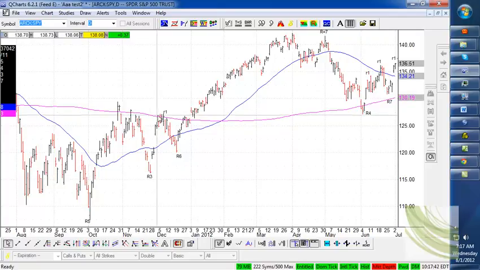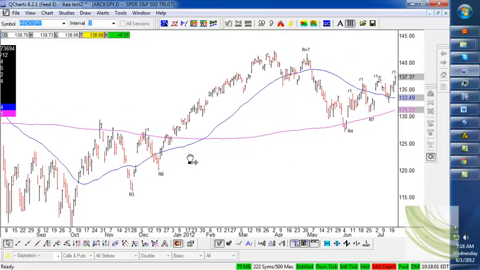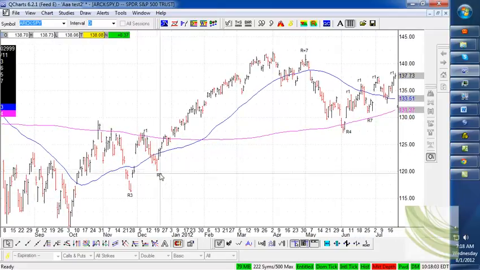And so once again, prices come up to that 200-day moving average and reverse just like they did here. And once they hit down at the R6, that's the end of it. So the question may come up, if this was an R6, was this an R3, 4, 5 in between here? And the answer is no.